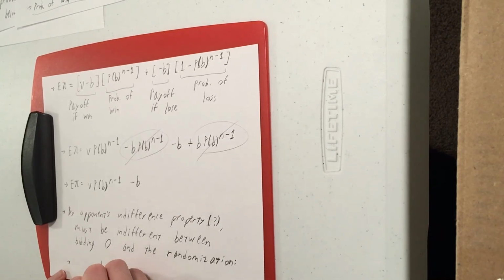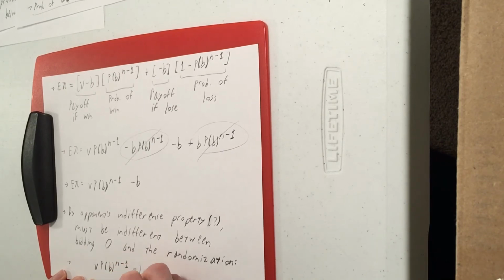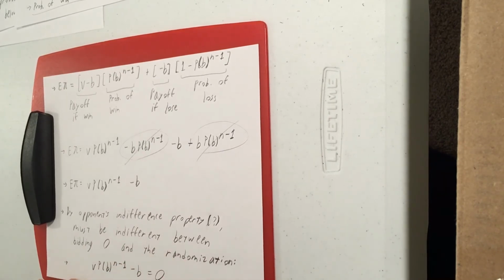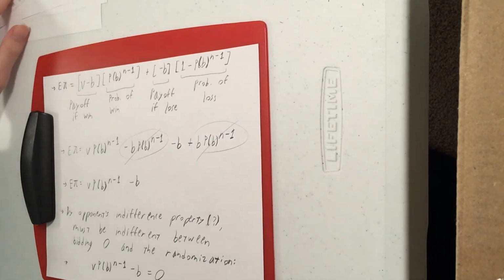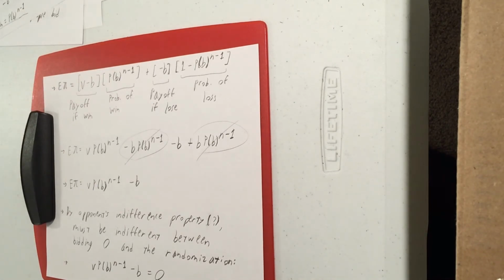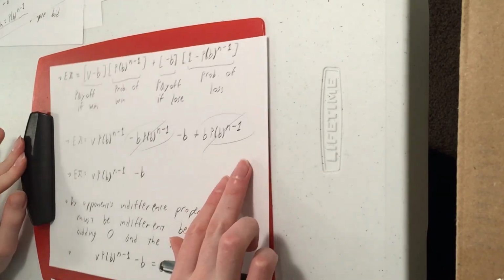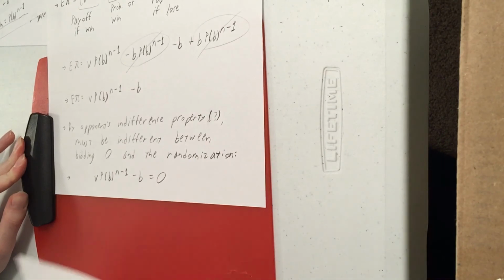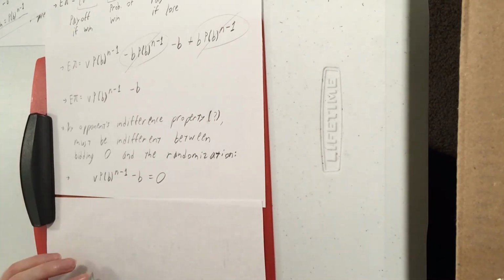So what you get is you gotta have this expected payoff be equal to 0, and now we can solve for P of B. So first I'll add B to both sides.